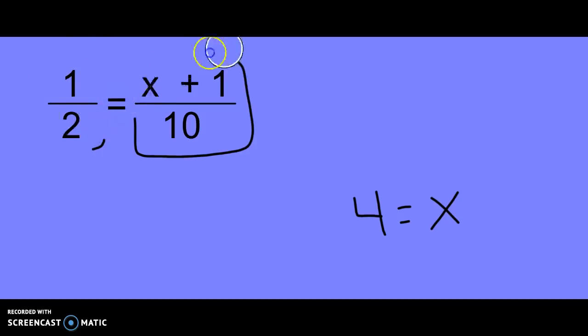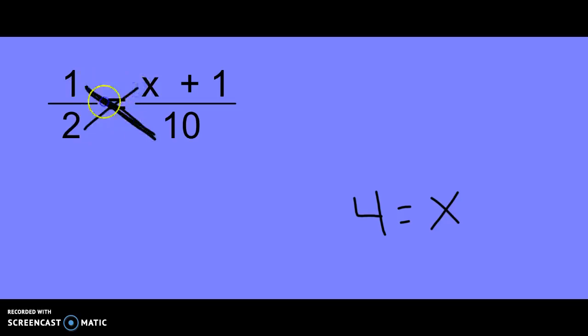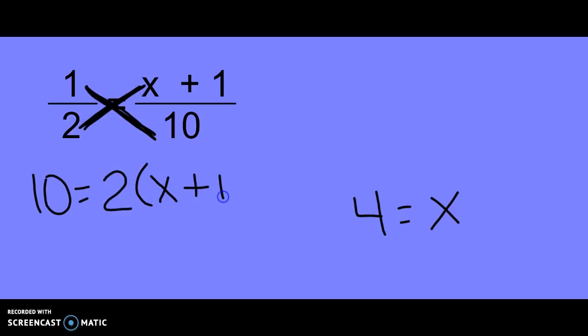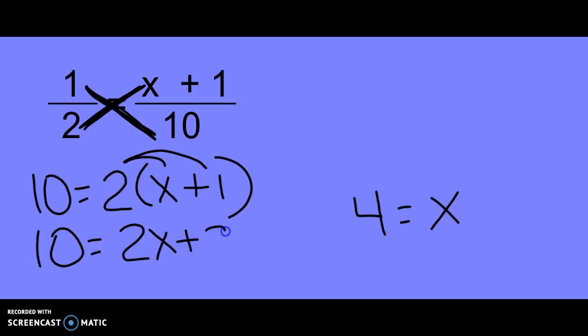It's not always the best solution because it involves a lot more math, but you can do that. So 1 times 10 is going to be 10, and then 2 times x plus 1. Basically you're doing the same thing you did before, just in a different way. That gives us 2x plus 2.